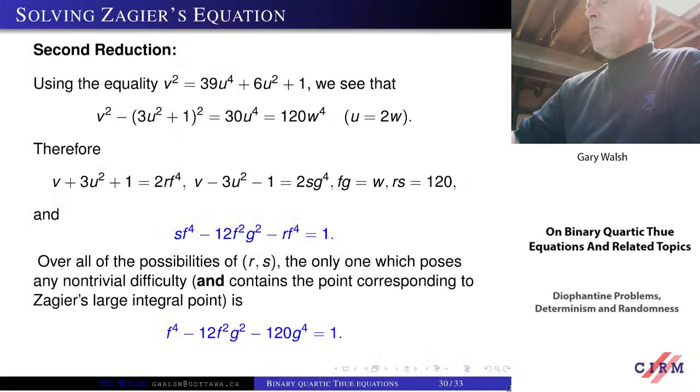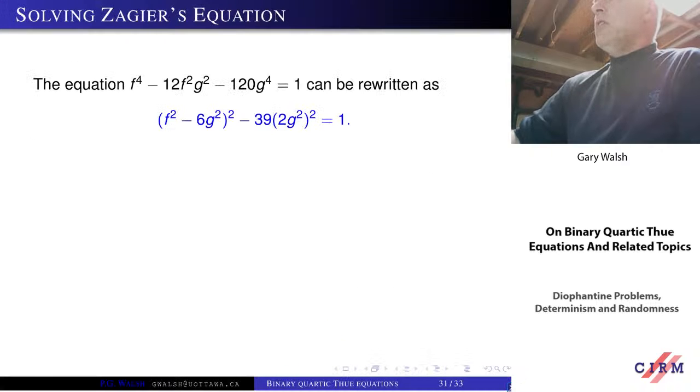And when you look over all those possibilities, there's really only one difficult case. All of them can be dealt with in relatively simple ways. So this one difficult case, we appeal to the fact that we can rewrite it as a Pell equation with coefficient 39.